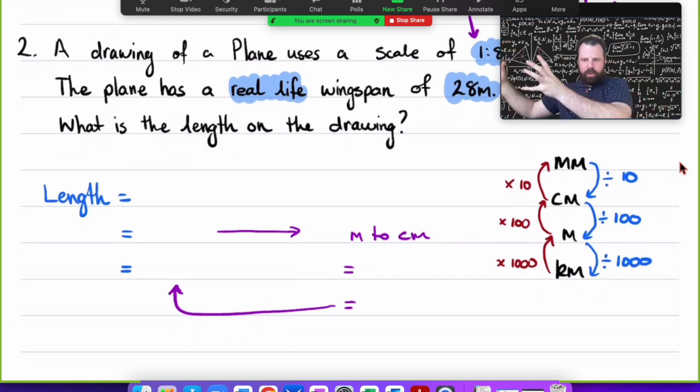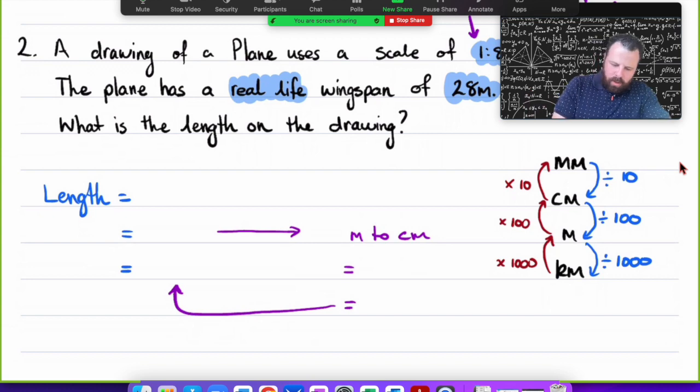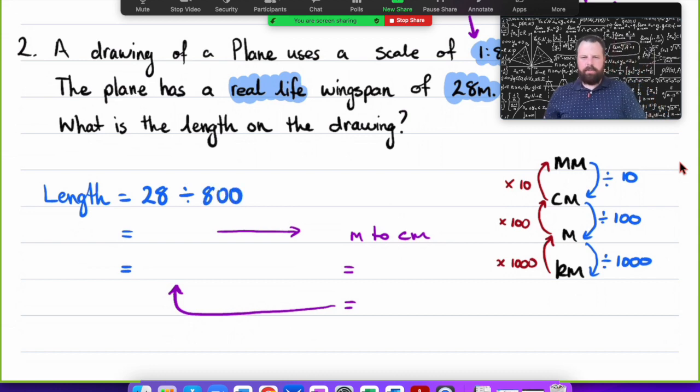Because I'm going from original down to the drawing, what I'm going to do is take 28 and divide that by 800. So we're going to get our calculators out and do 28 divided by 800.